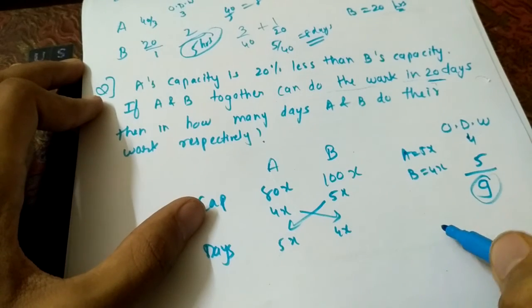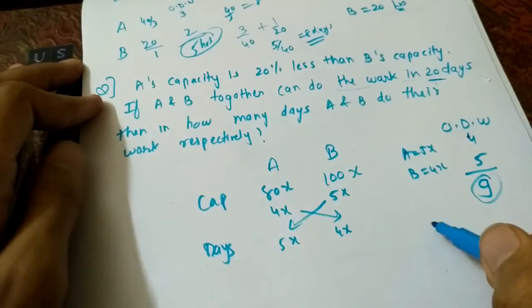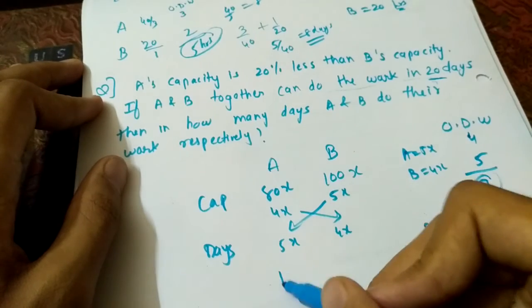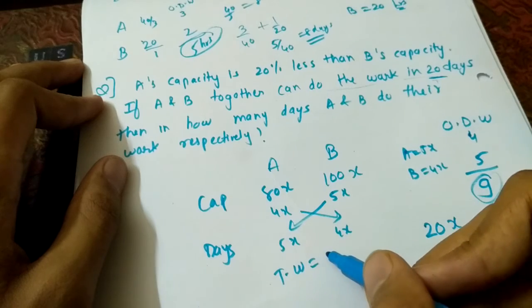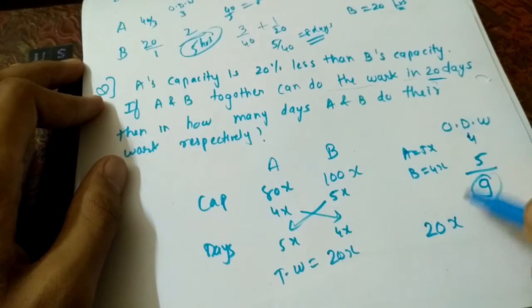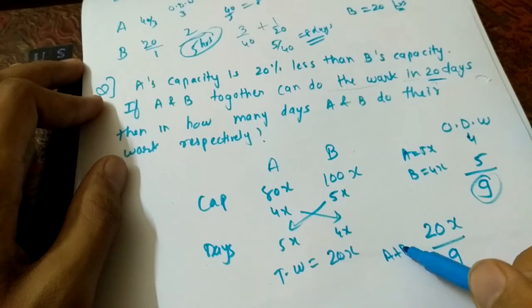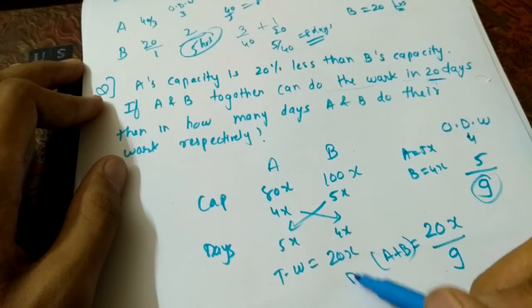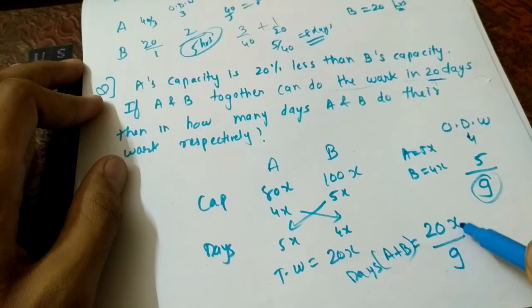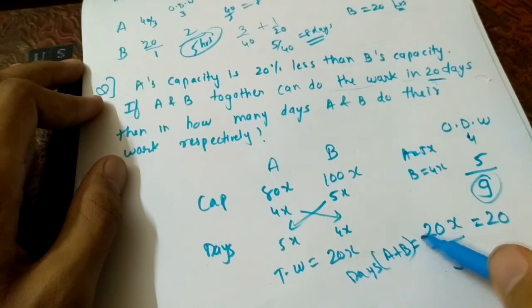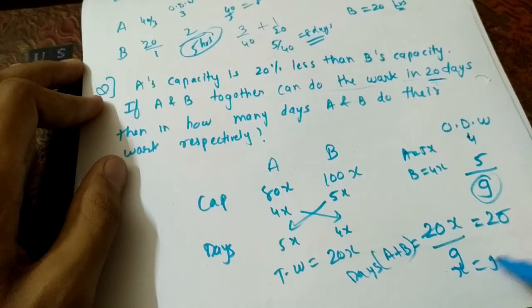So the data provided is total work, the LCM of 5x and 4x, that is 20x. So 20x divided by 9 will give the number of days required when A and B both work together. Okay, these are days. So this 20x by 9 is provided as 20. So we will get x as 9.